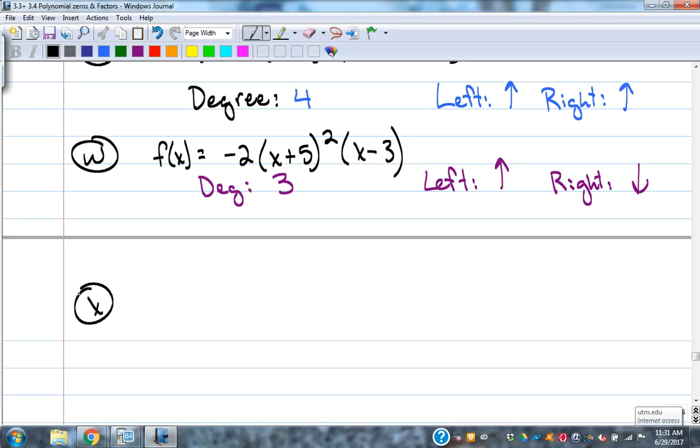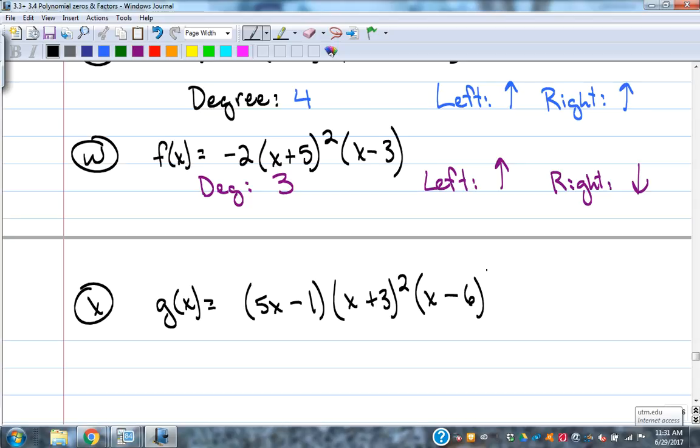Complex. Let's say we had a tough one. I'll let g of x be 5x minus 1, and then x plus 3 squared, and x minus 6 to the third, and then a negative 8 in the front.